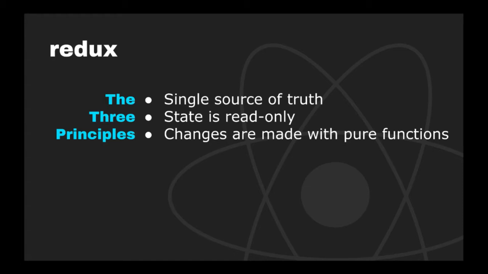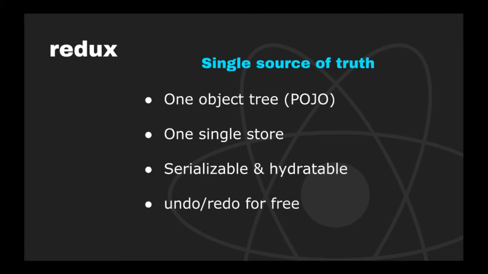This is the most important part of Redux, because as we are going to see, those pure functions are what we call the reducers. So let's take a look at each of them. The single source of truth is because we are going to have only one store, which is going to contain our state, which is just an object tree, a simple plain JavaScript object.